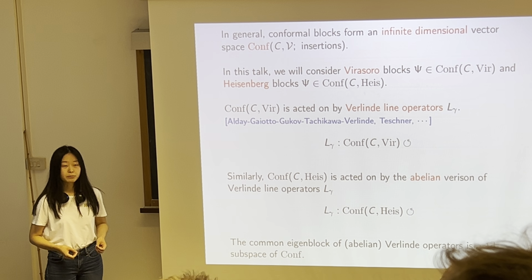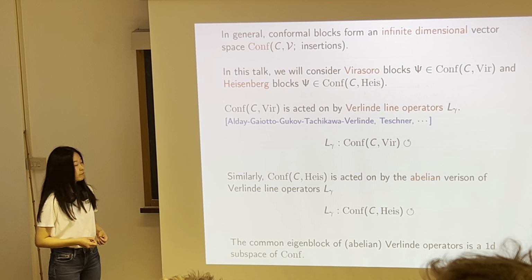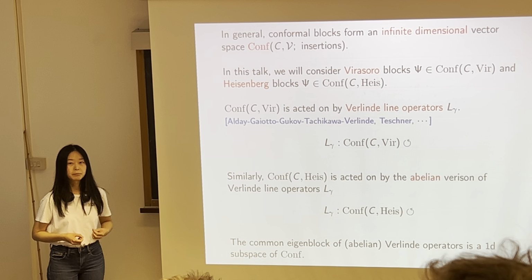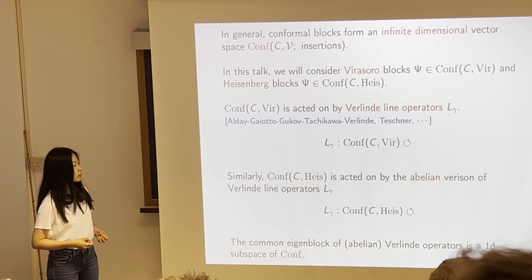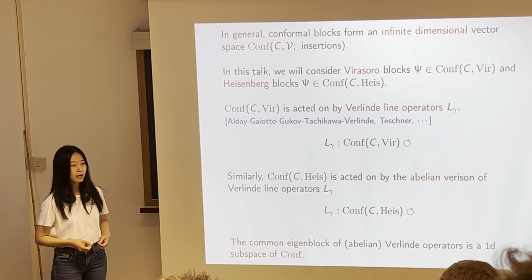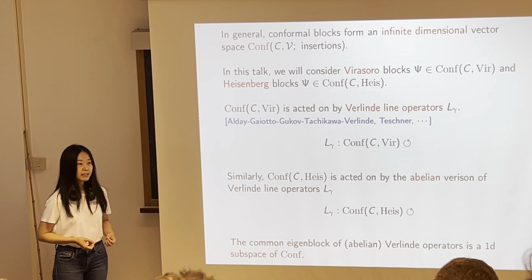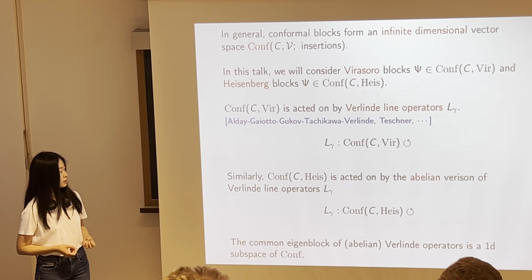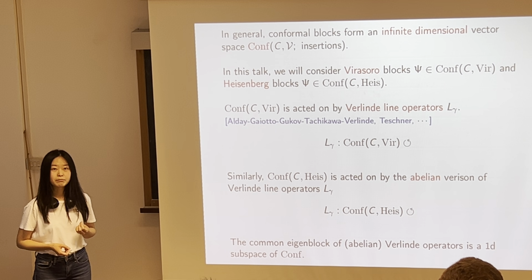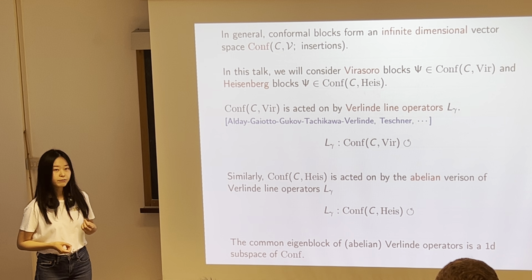Actually, there are two types of conformal blocks we are interested in in this talk, which are the Virasoro conformal blocks and the Heisenberg conformal blocks. Both of the spaces of conformal blocks for those two algebras are infinite dimensional. But luckily, we do have actions on those infinite dimensional vector spaces. Those are given by the Verlinde operators, which were originally defined in physics.